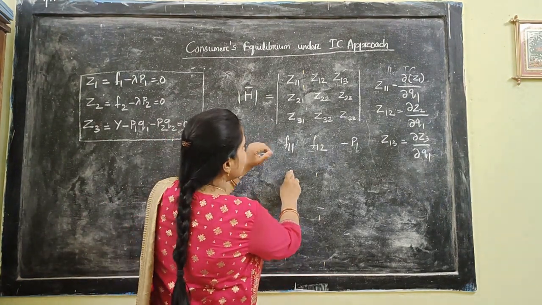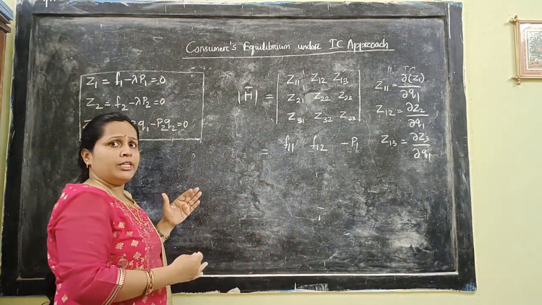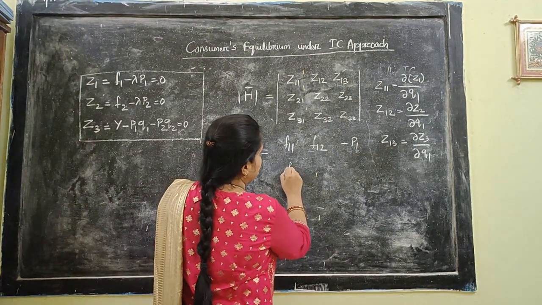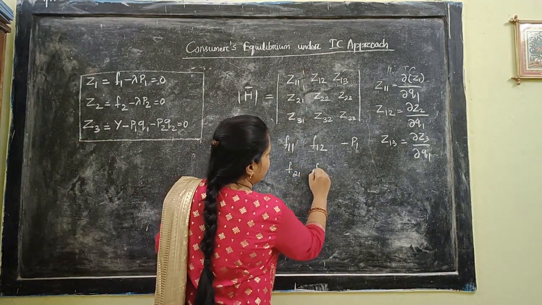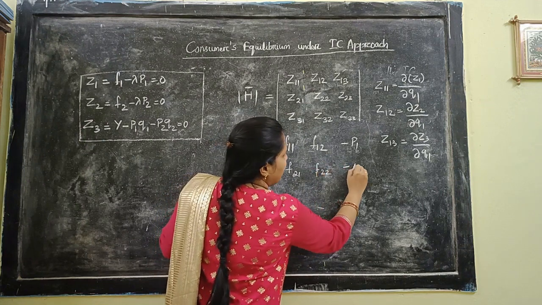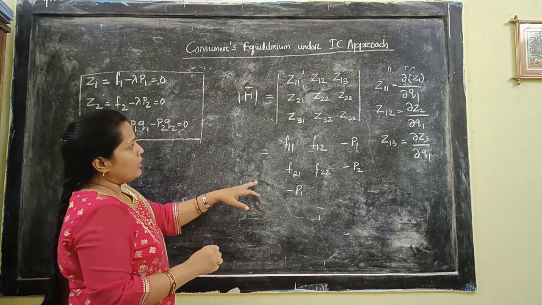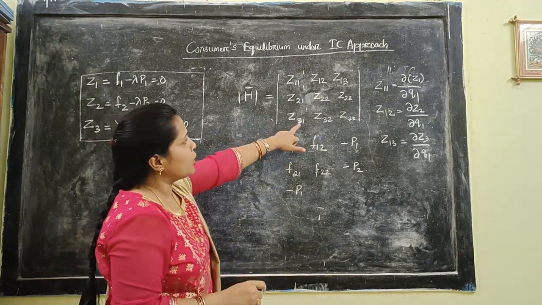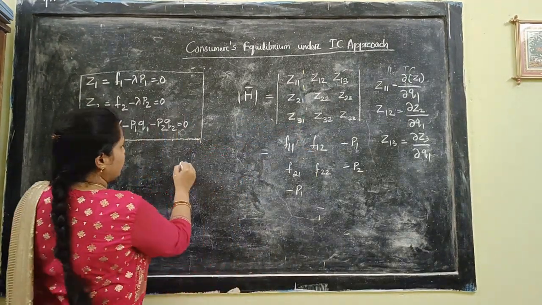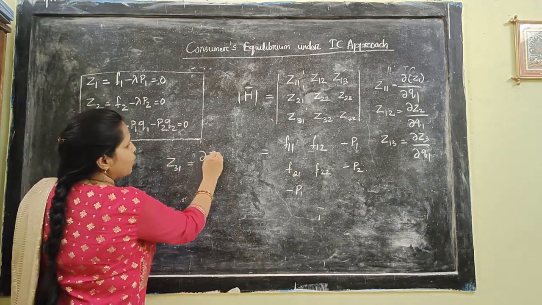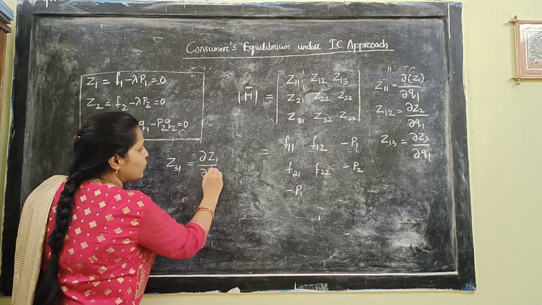Likewise, all the other derivatives we can find out, and we can write F21, F22, minus P2. The third will be Z31. Z31 we define as the partial derivative of Z1 with respect to lambda.